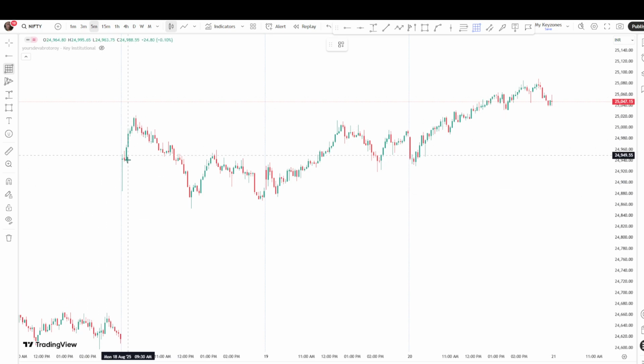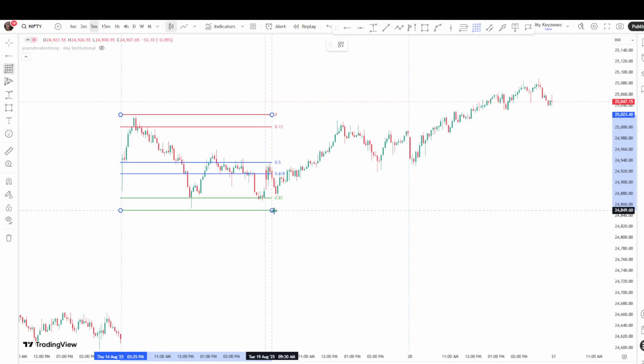If we analyze the 18th of August opening, we had a huge gap up, and if we take this as a support and demand area of the 18th of August trading session, let me just draw a GAN box around this level.